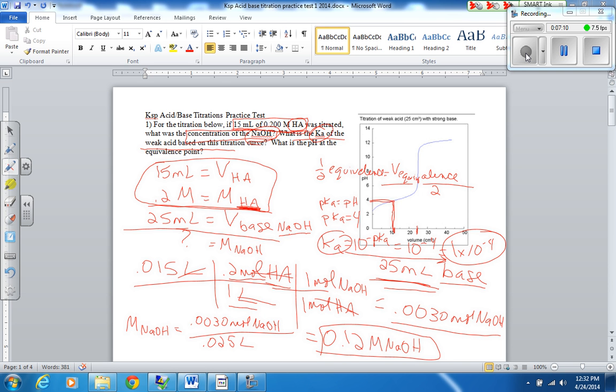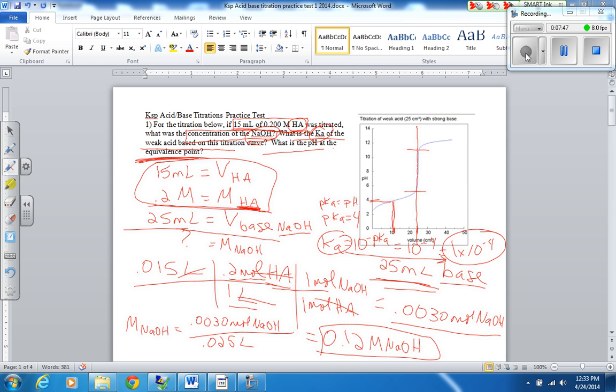Okay, and then the last part is, what is the pH at the equivalence point? So let's erase some of this. Okay, the equivalence point pH, not the half equivalence point pH. You need to recognize the equivalence point. To find the equivalence point, you see where the curve goes straight up and down, and you have to see sort of a mirror image between where it starts to rise and where it stops rising.